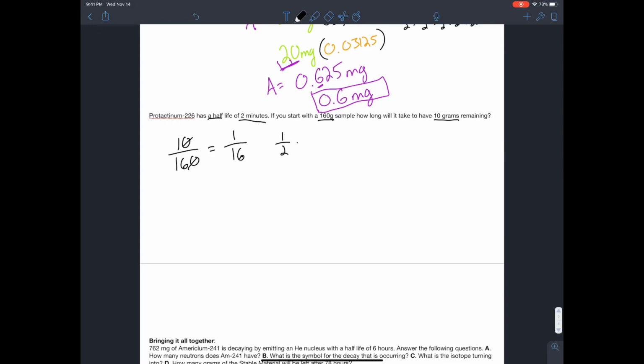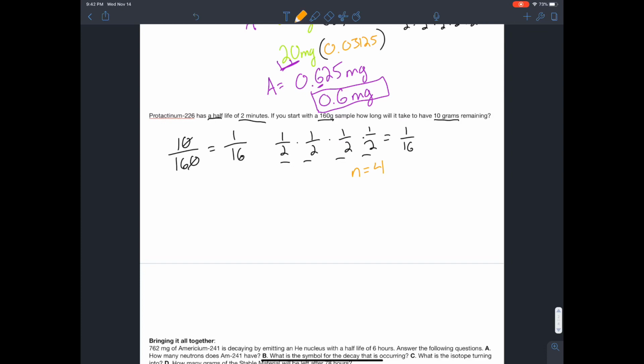It's going to be 1 half-life times 1 half-life times 1 half-life. 2 times 2 is 4 times 2 is 8 times another half-life is 1/16. So we underwent 1, 2, 3, 4 half-lives. So that means that your number of half-lives is 4.